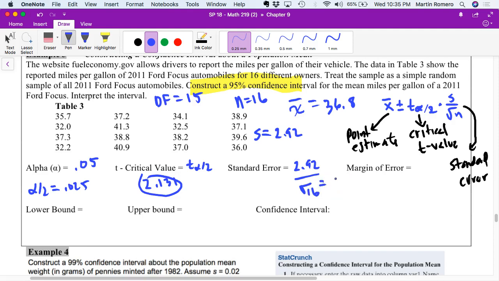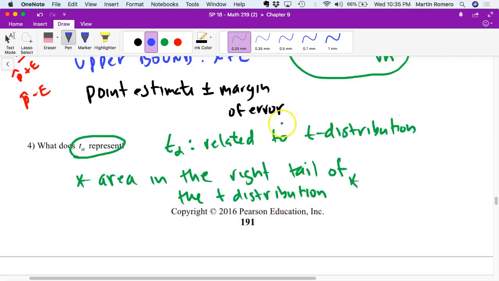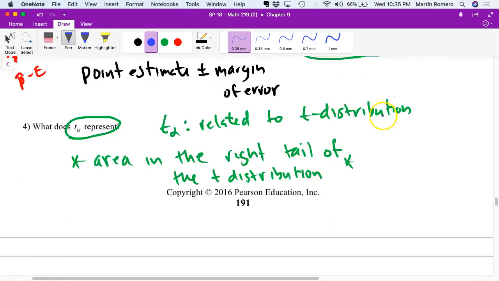The standard error in this case becomes 0.73, and your margin of error is this value right here, which can also be done in one step. There's your margin of error.